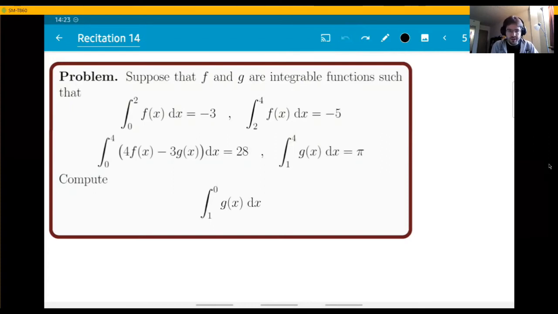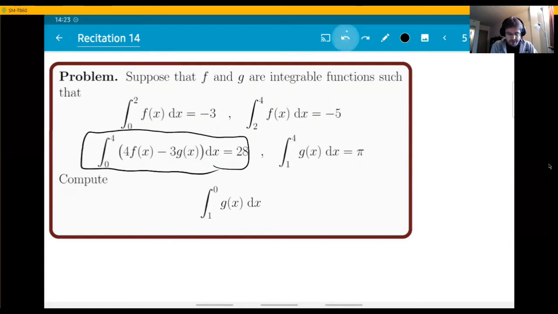And what do we have? Okay, the first two that we have are integrals for f, and one of them is from 0 to 2, the other is from 2 to 4. So you already know that those two together will allow you to get the integral of f from 0 to 4. We're going to start with that. Then we have this crazy thing here. It's an integral from 0 to 4 involving f and also g.